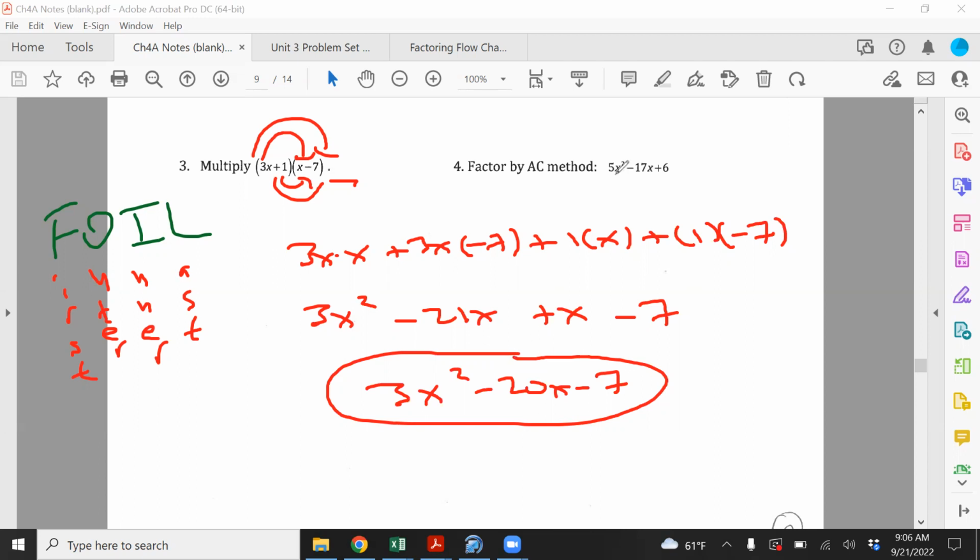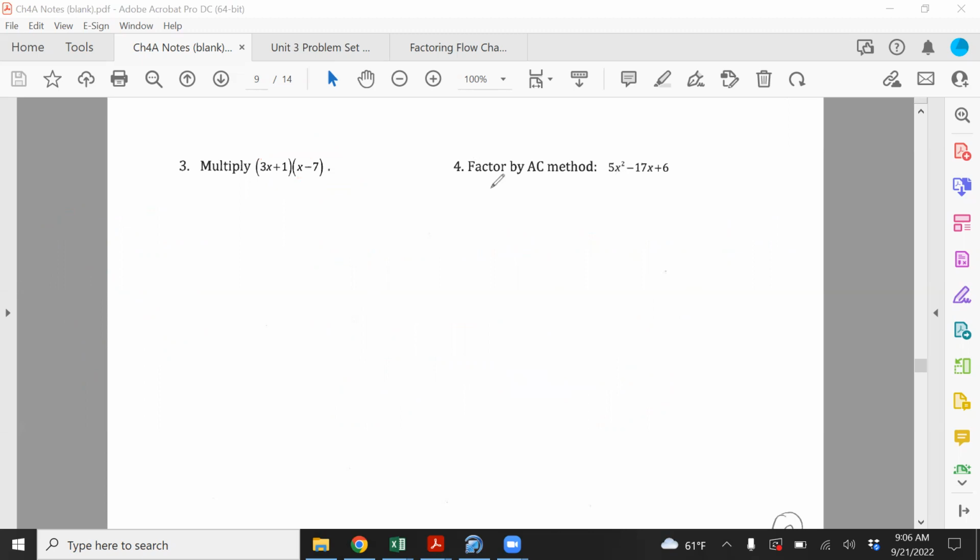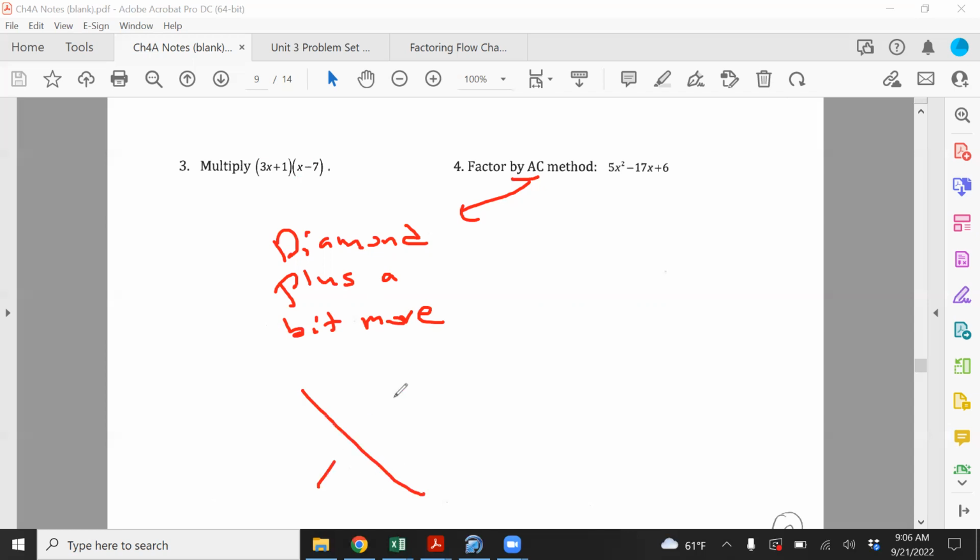Now, this is more advanced. So the AC method is basically a diamond plus a bit more. So what you do is you put A times C up here and B here. So what is A? What is B?